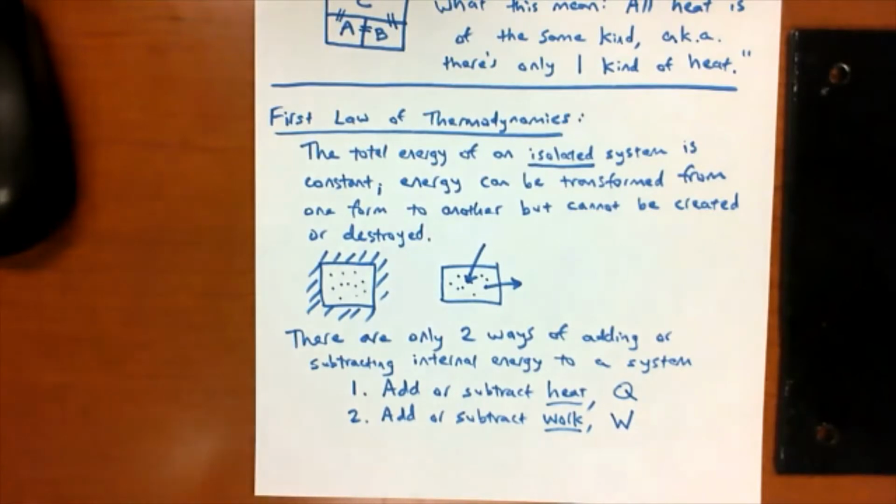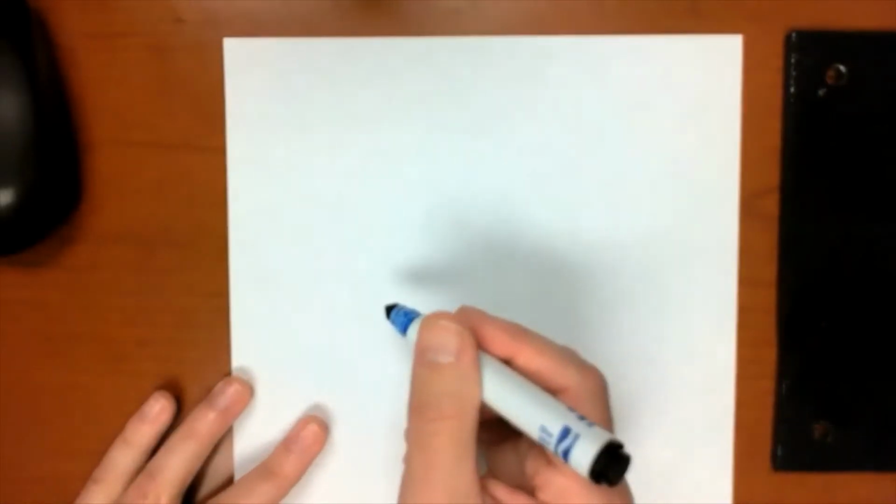So if we want to keep track of what's being added to the system, and what's being subtracted from the system, it's very important to have a sign convention to understand what is an addition and what is a subtraction. I've mentioned this briefly once before, but I'm going to make this very clear.